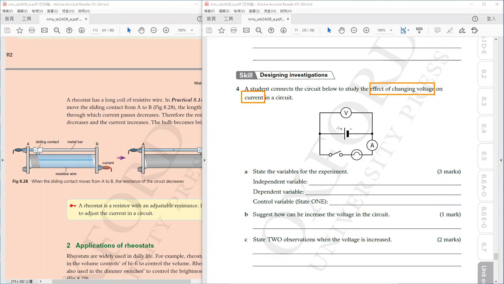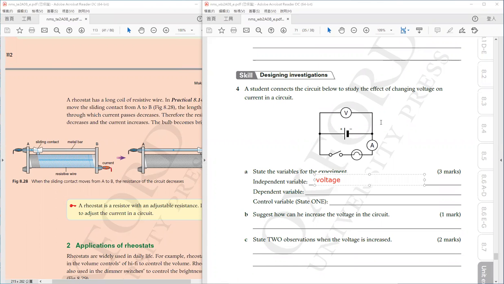For example, how to change the voltage? We can increase the number of cells here. We can add one more cell on left and right. So the independent variable is voltage.